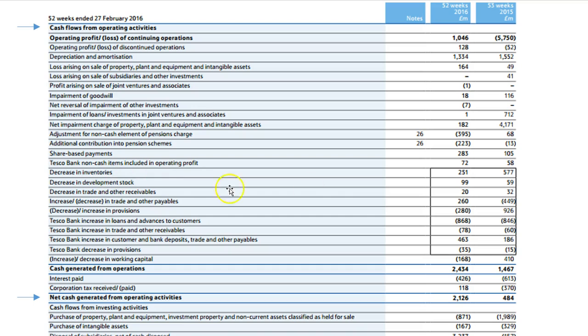explanation. Decrease in inventories. Part of the profit is the cost of sales and the gross profit. Part of that gross profit, as we've seen in an earlier lecture, is charging out goods from stock.